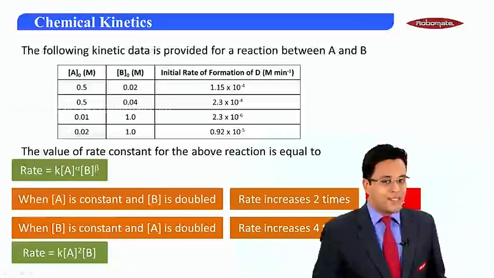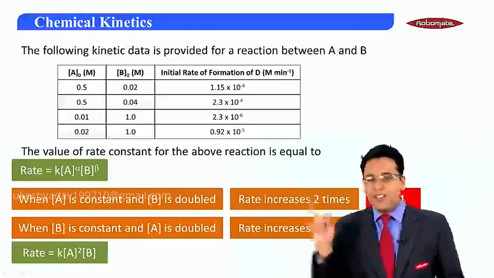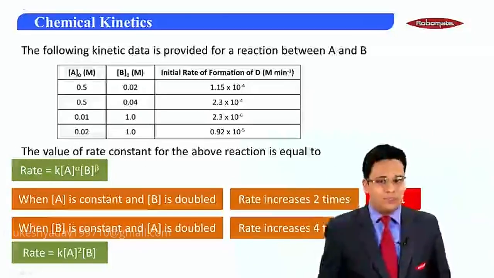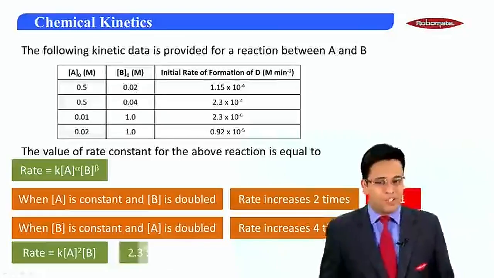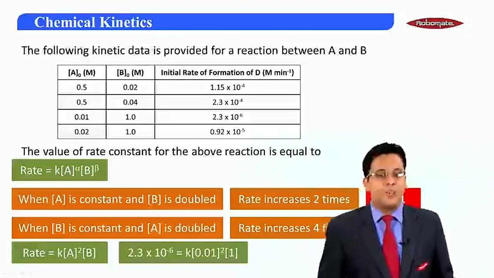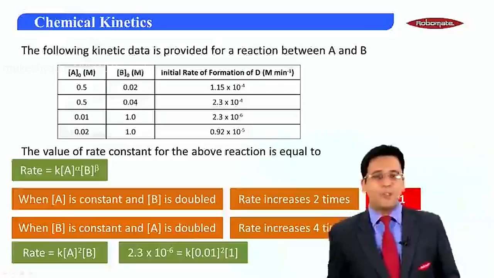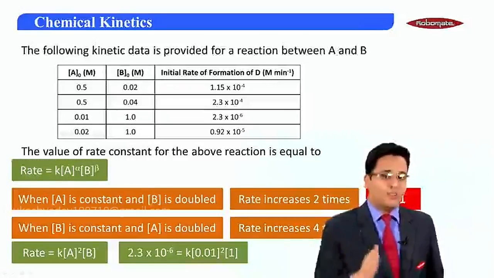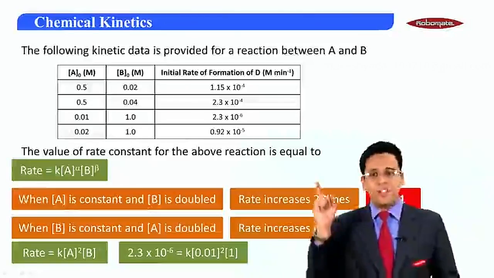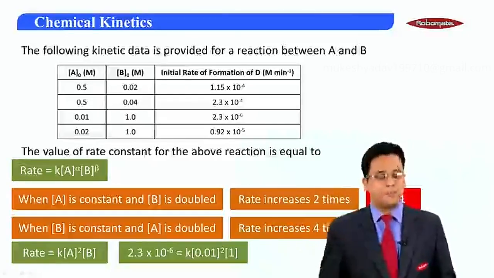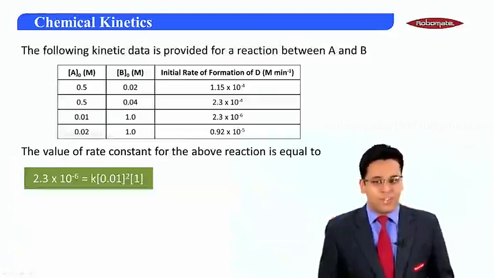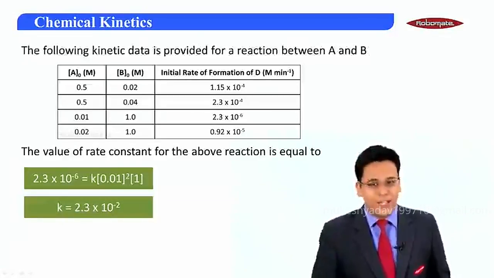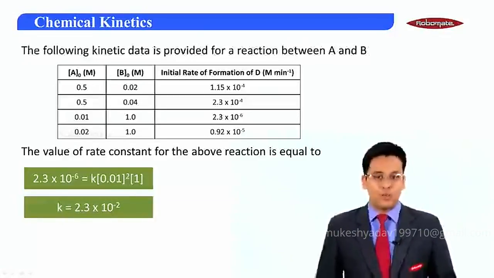In order to find the rate constant, all we have to do is take any one of these rows and substitute it in this equation. So let's do that. We get 2.3 into 10 raised to minus 6 is equal to K into 0.01 square into 1. We have substituted the third row over here. So when we solve this expression, we get the value of K as 2.3 into 10 raised to minus 2.